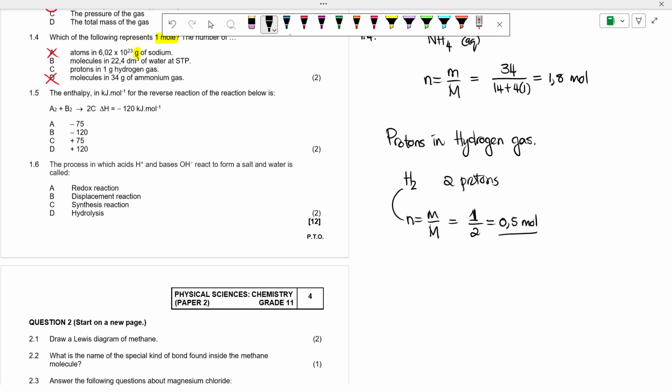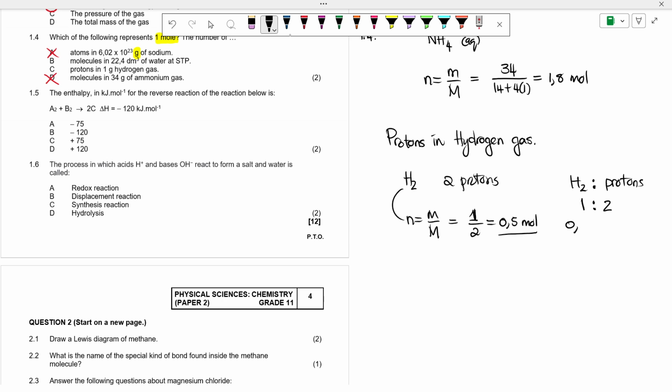But what about the moles of protons? You're going to think about this in terms of the ratio. H2 is to protons. The ratio is in 1 H2, there's 2 protons.